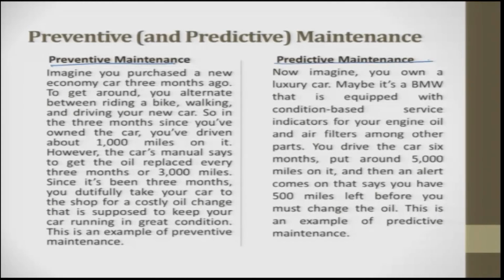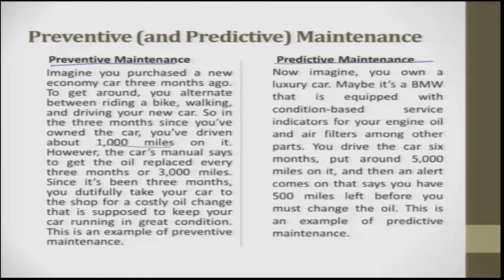So, imagine you purchased a new economic car 3 months ago. To get around, you alternate between riding a bike, walking and driving your car. So, in 3 months, since you have owned the car, you have driven about 1000 miles on it.